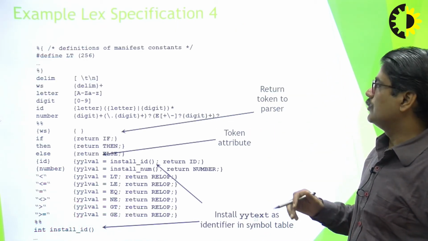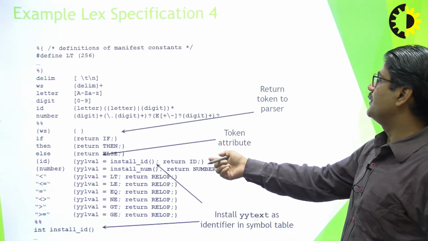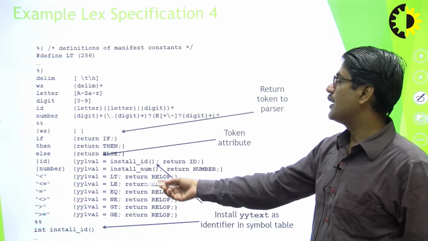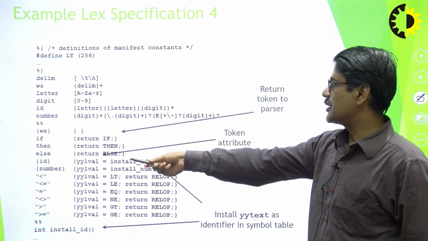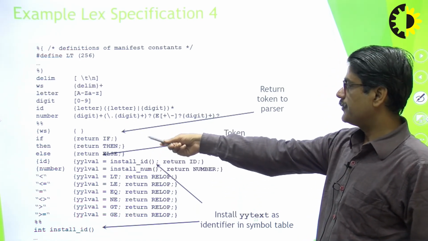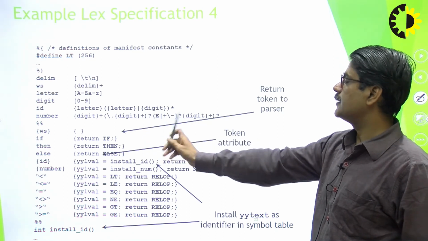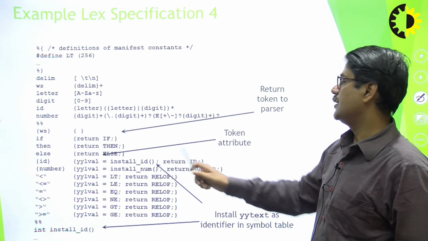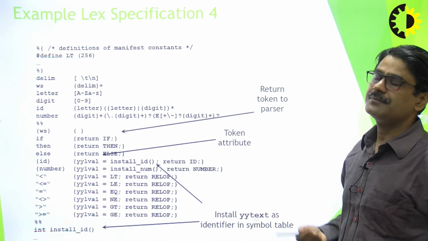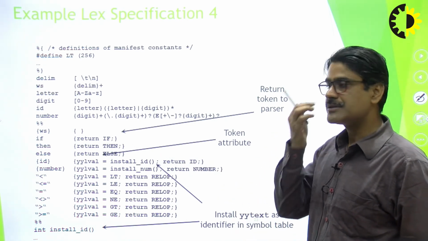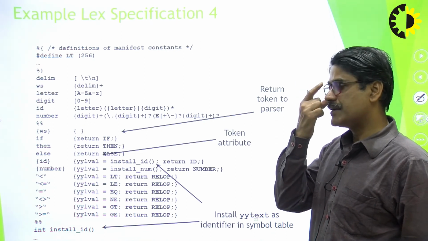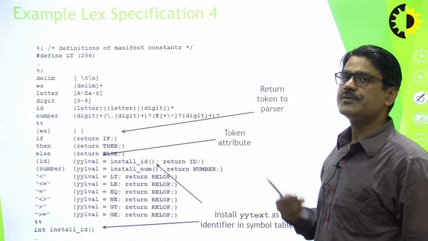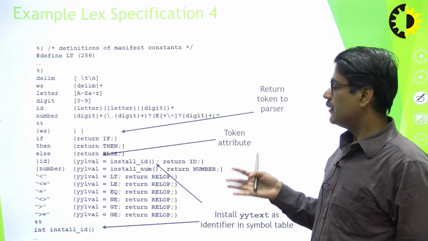Now the fourth example has more to it, because it returns tokens to the parser. These are the tokens returned. You have seen the translation rule here: if, return if; then, return then; else, return else. ID is basically installed, because every time the ID's value is installed into the system. Whenever you define any variable, first you have to store it in the main memory, then in the symbol table.